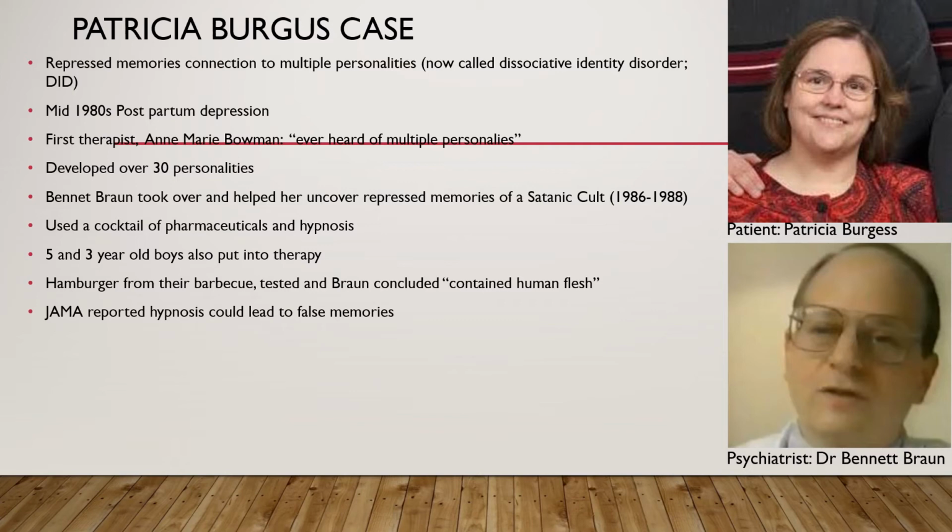And as a result, he asked Patricia to bring in a hamburger. He took a hamburger from Patricia's family's barbecue and brought it into the Rush Hospital, had it tested using the facilities at the Rush Hospital, and he came to the conclusion, incorrectly by the way, that the hamburger contained human flesh.